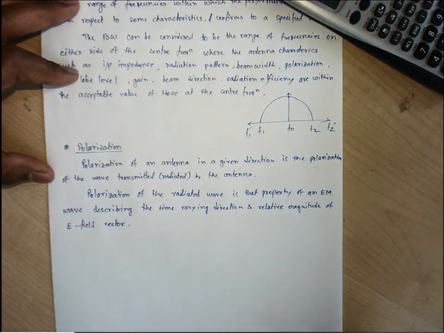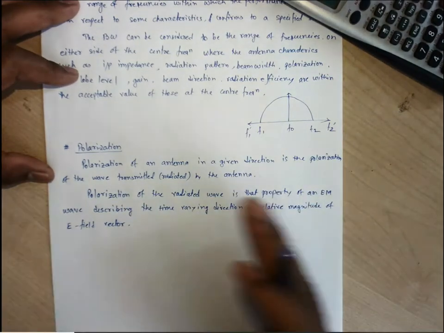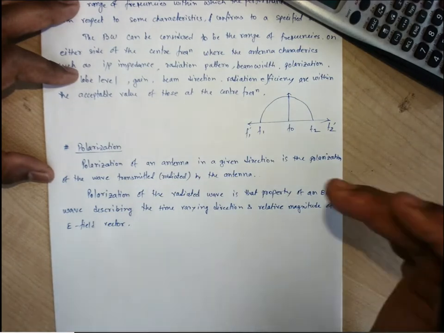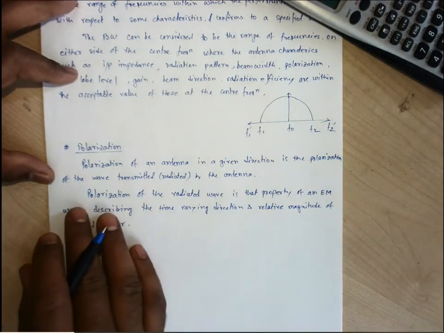The time varying change of direction along with the magnitude gives you the polarization. If the electric field is considered a sine wave, it is time varying in nature. While it propagates or radiates from the antenna, how it varies is what will be found from the polarization.